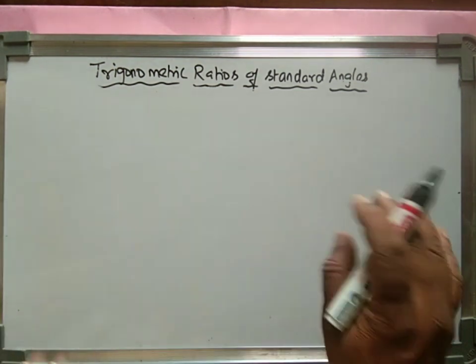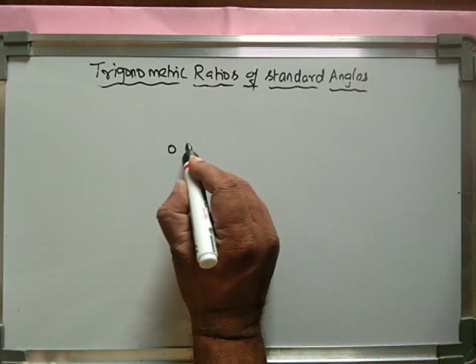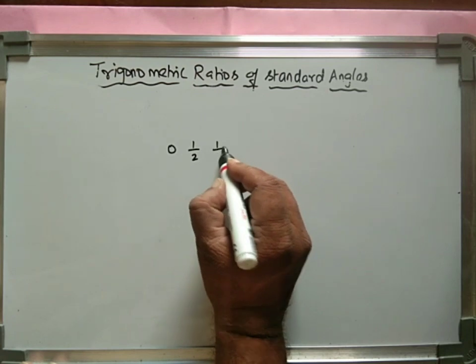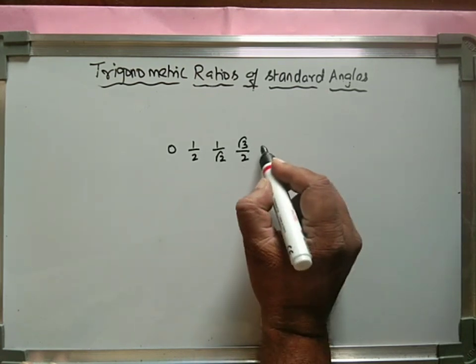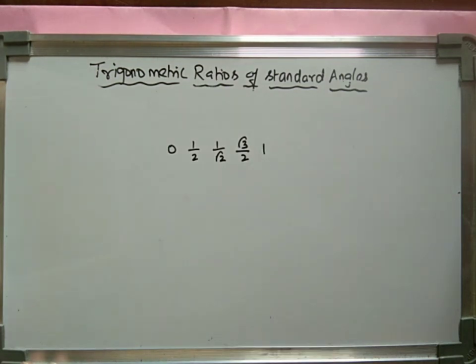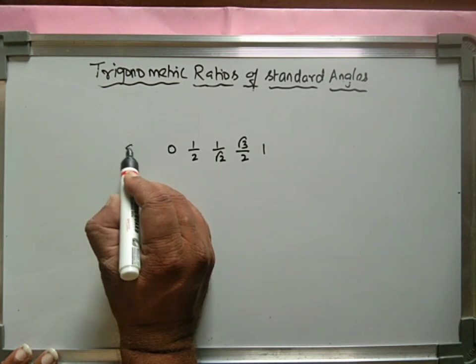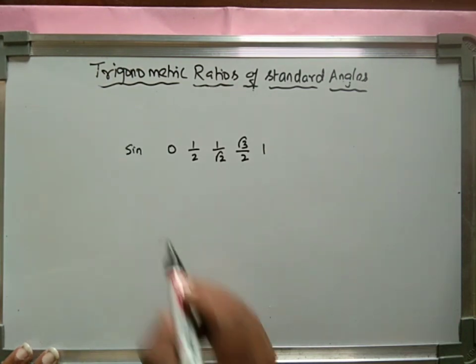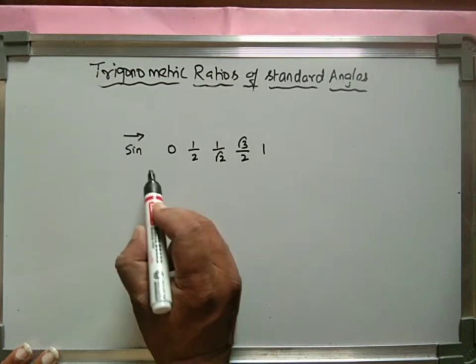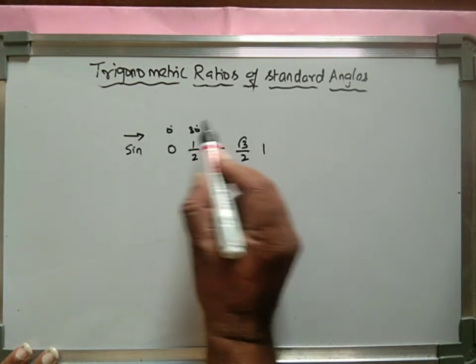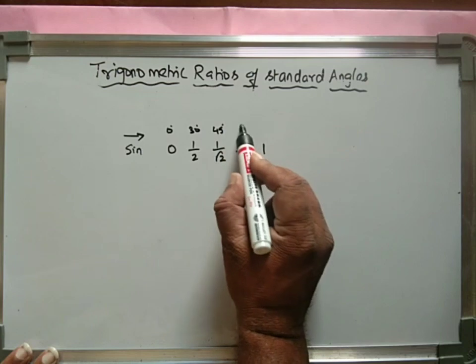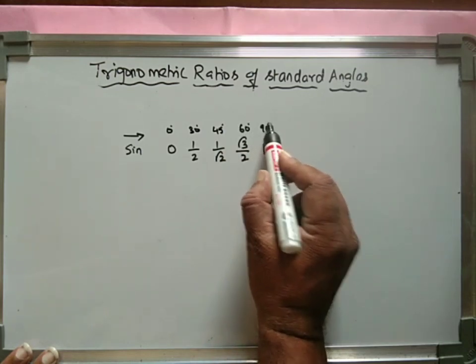So we know the first row. What is the first row value? 0, 1 by 2, 1 by root 2, root 3 by 2 and 1. So these are the values of sine. If we take in this direction, these will be the values of sine for 0 degree, 30 degree, 45 degree, 60 degree and 90 degree.